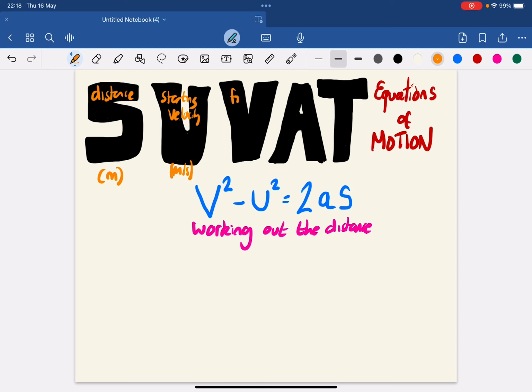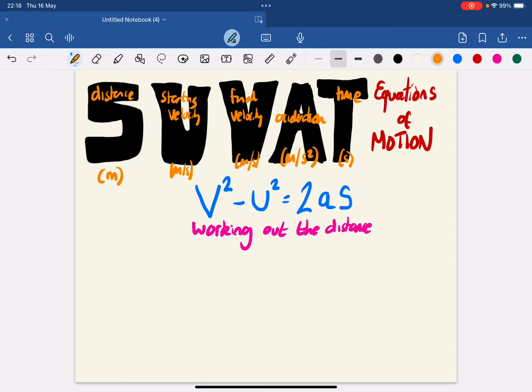V is the final or finishing velocity, and again that's going to be measured in meters per second. A is acceleration, and that's measured in meters per second squared. And T is time, and that's measured in seconds.